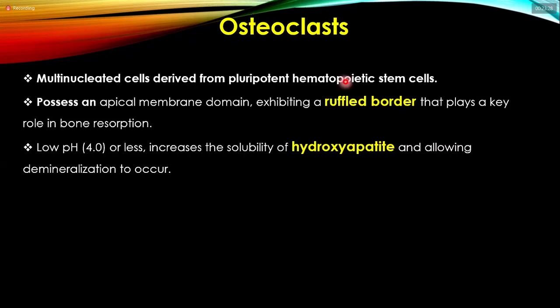هلا الستيم سيلز اللي موجودين في البون مارو اللي هم الهيماتوبيوتيك سيلز هذول responsible for the production of many types of cells. وبالتالي هذا النوع من الستيم سيلز will produce اللي هم البلد سيلز as you know, very well known to be generated from hematopoietic cells, as well as the osteoclast cells. So pluripotent cells means انه هذول السيلز عندهم potential انه يعملوا differentiation to many types of cells.